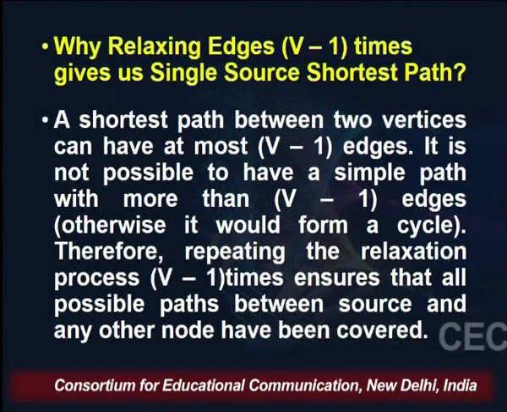So a simple path between two vertices can have at most V minus 1 edges, otherwise it would form a cycle. Therefore, repeating the relaxation process V minus 1 times ensures that all the possible paths between the source and any other node have been explored and checked for finding the minimum path.